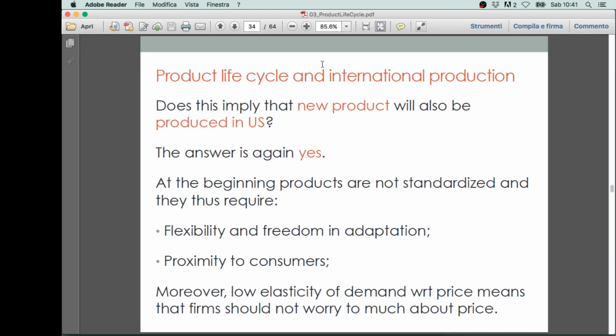And in order to adjust products to the demand of the consumer, you need two things. You need flexibility and freedom to adapt the characteristics of the product in an easy way.